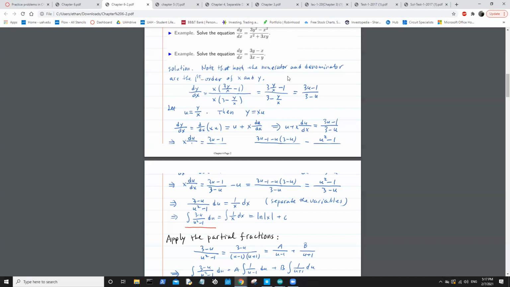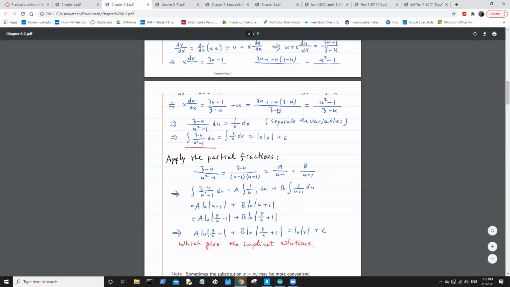So we will have (1 plus u) over (negative u squared minus 2u plus 1) du is equal to 1 over x dx. Right.